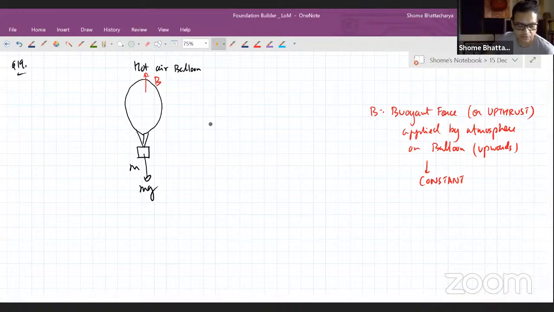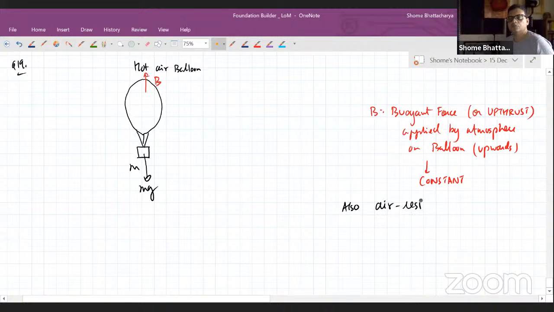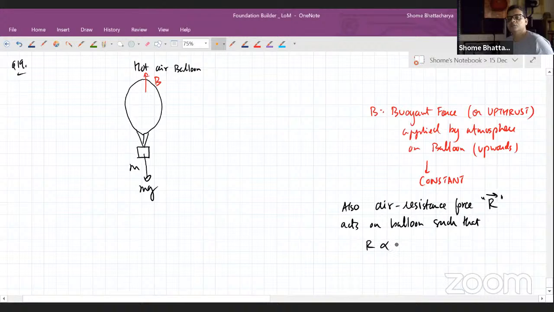In addition to that, there is also a third force, and that is the force of air resistance. It says that the air resistance force, let's say R, acts on the balloon such that the magnitude of R is proportional to the velocity or the speed, and the direction is opposite to the direction of velocity.